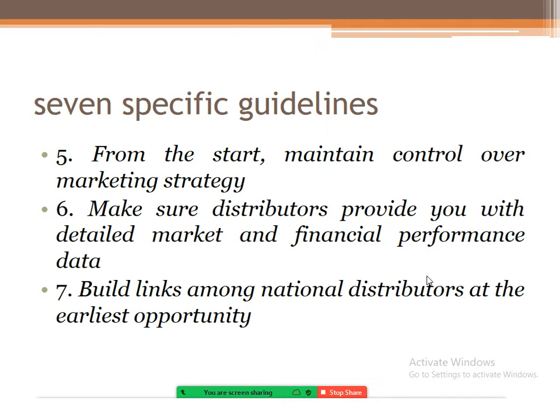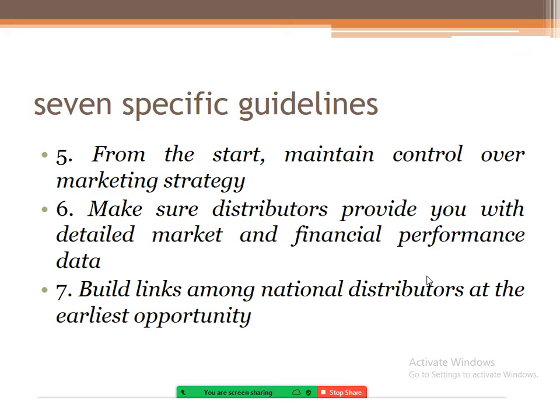Such type of information is needed. So the contract between the manufacturer and the distributor should include specific language to the effect that local market information and financial data will be transferred back to the manufacturer. One sign that a successful manufacturer-distributor relationship can be established is the latter's willingness to provide such information.